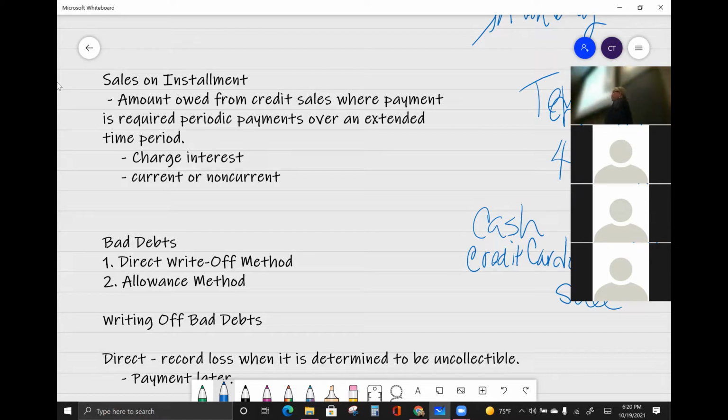Depending on how long that installment is determines where it would show up on your balance sheet. So this is an asset because it's going to benefit you in the future. So you're going to collect money on this installment. And if it's all due within 12 months, it's going to be in the current section. So remember, to go into the non-current section, it has to be over 12 months.